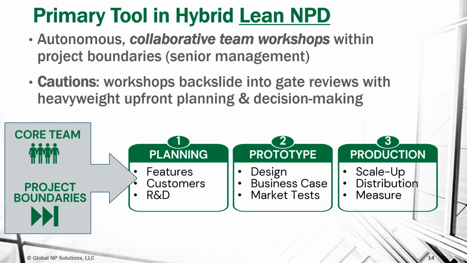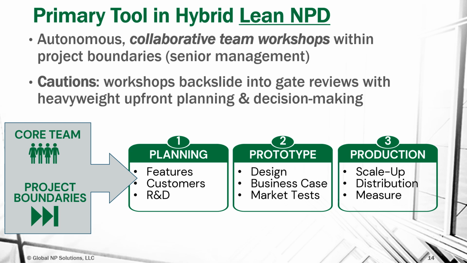The best tool that I know of in hybrid lean new product development comes from changing altogether from heavyweight staged and gated systems, or from no planning that can happen in agile processes, to some very collaborative team workshops. And this is shown here as a simple example where there are planning workshops, prototyping workshops, and production workshops.